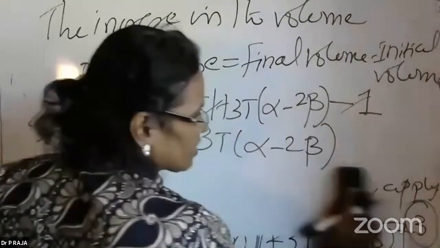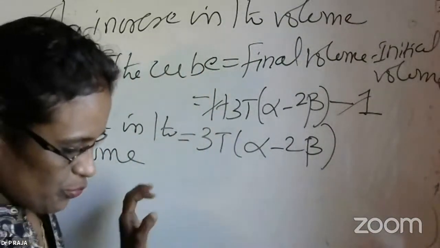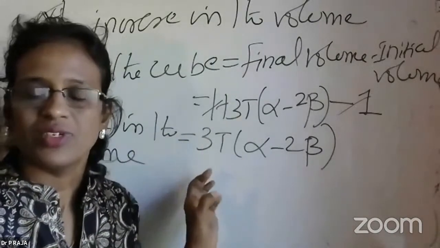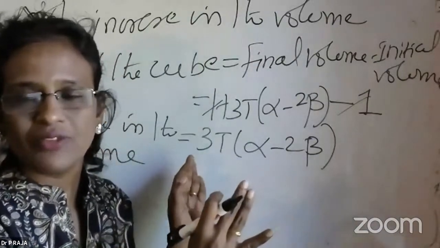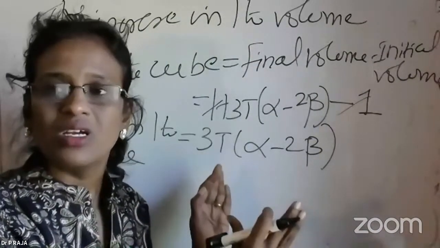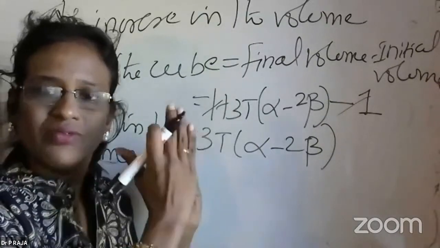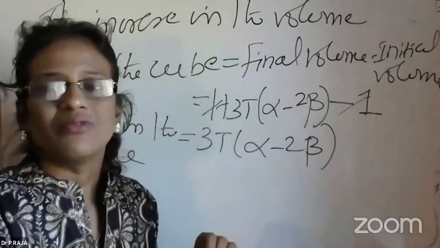I will rub it off. Now, this is related to the bulk modulus. Whatever we are doing is, we have taken the cube and applied a stress on one side, and we found the elongation along one side and the contraction along the other two sides, with respect to x, y, and z.